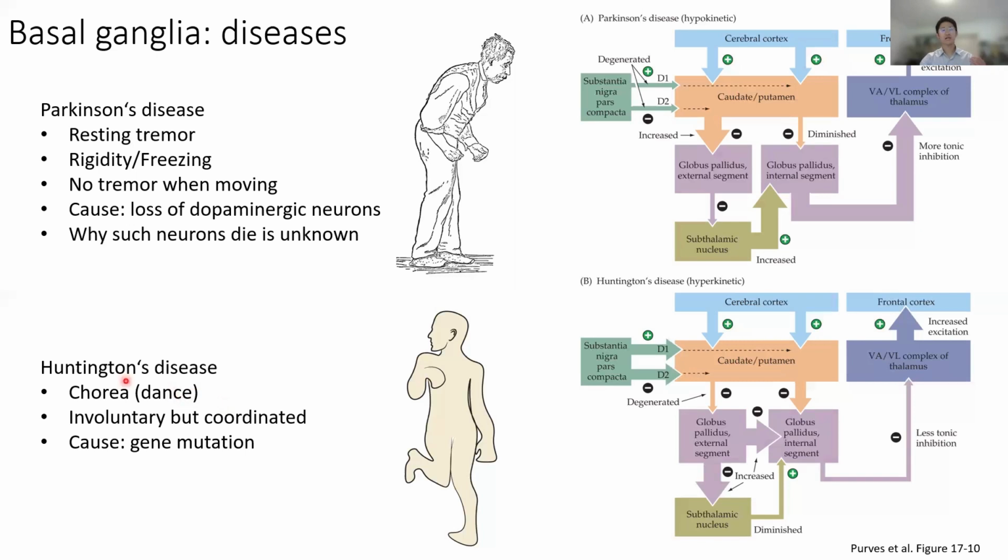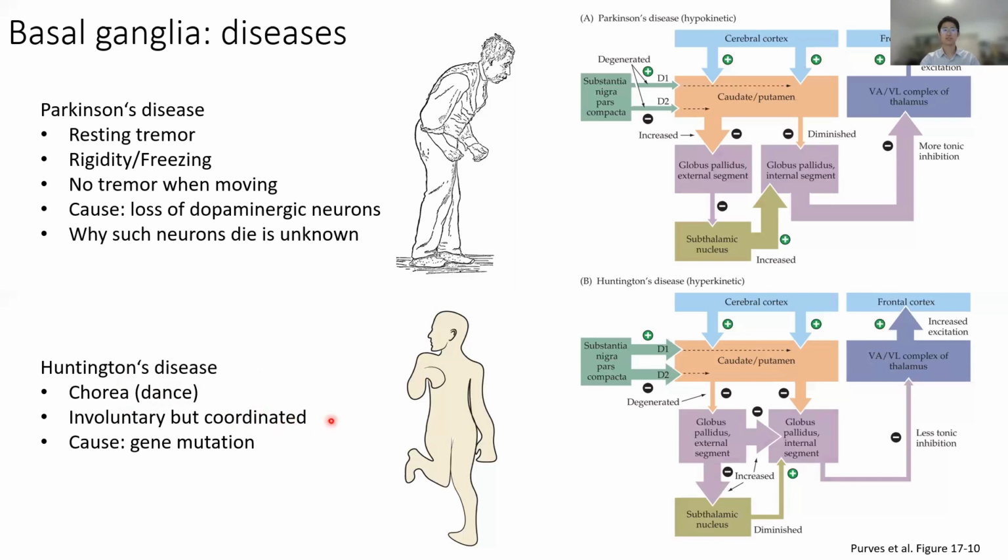And of course, Huntington's disease has other problems. For example, in the early stage, they have a loss of memory and so on. But we only focus on this movement problem, this chorea symptom. We see they make more involuntary movements, but these movements are still coordinated.